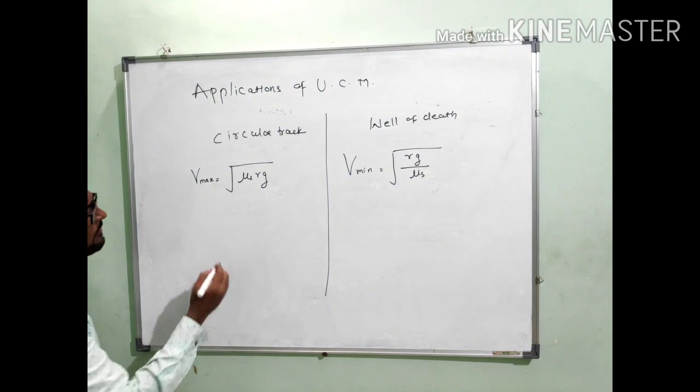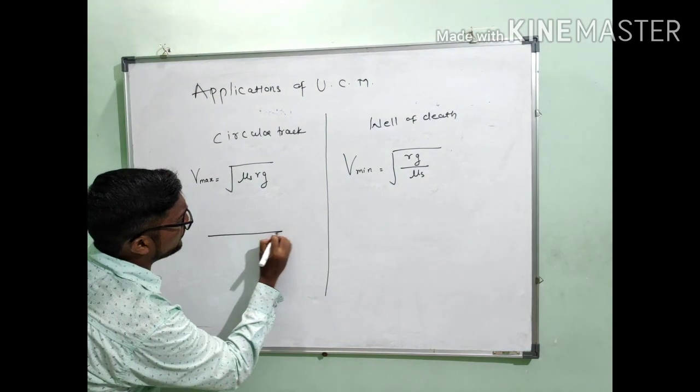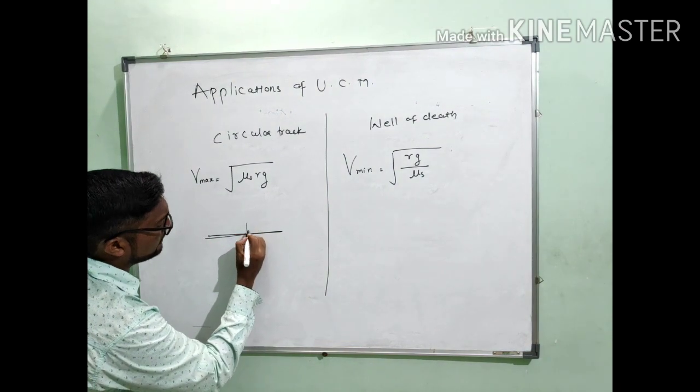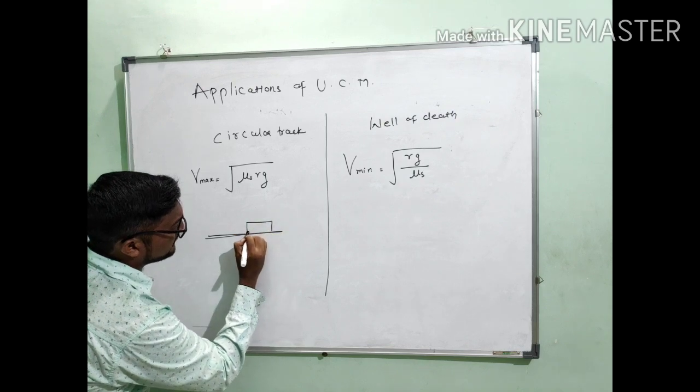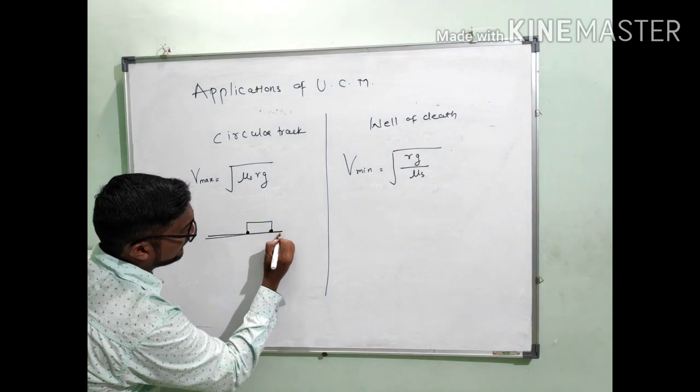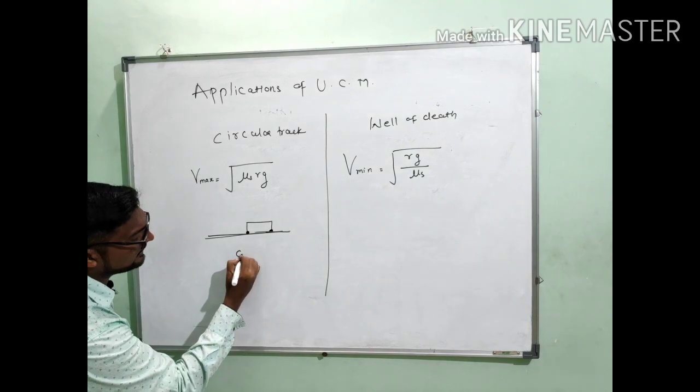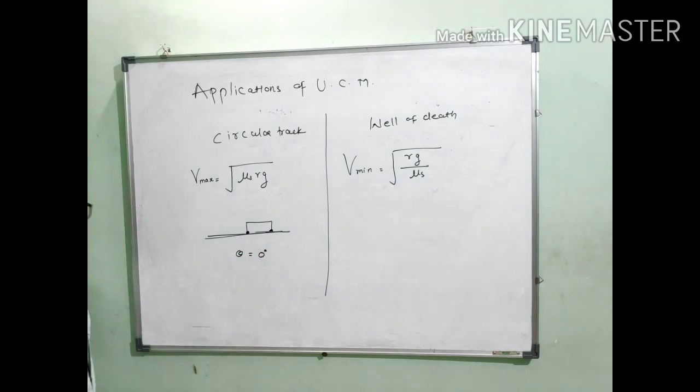Now over here there is no angle between the tire of the car and this horizontal surface, so theta is 0 degree.